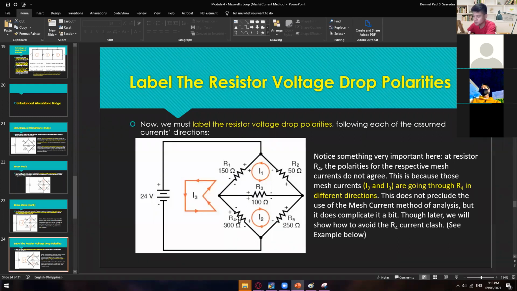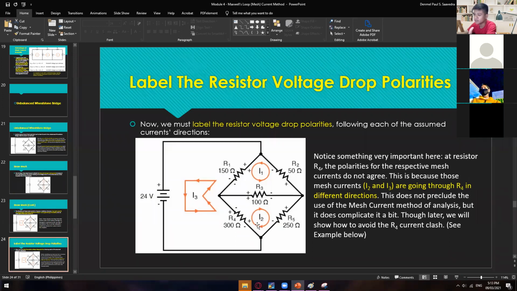Because if you do the other way around, it will just lead you to contradicting symbols with your R1. So in this kind of scenario, it's inevitable, we cannot avoid it anymore. This is because those mesh currents I2 and I3 are going through R4 in different directions.